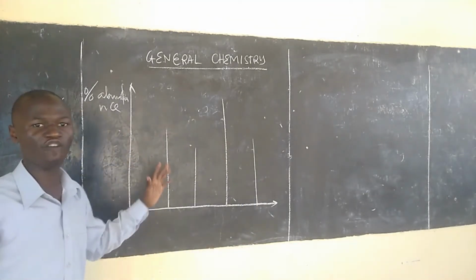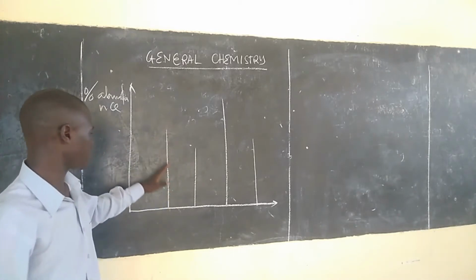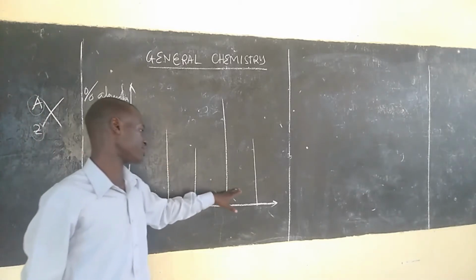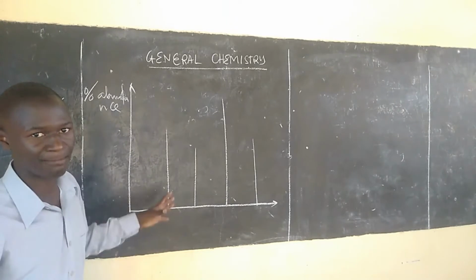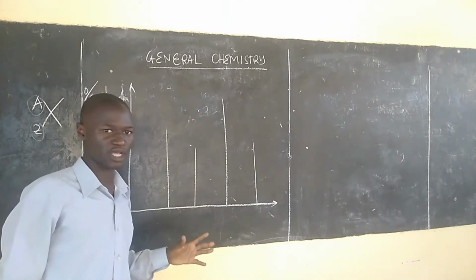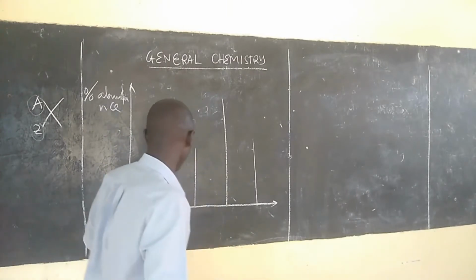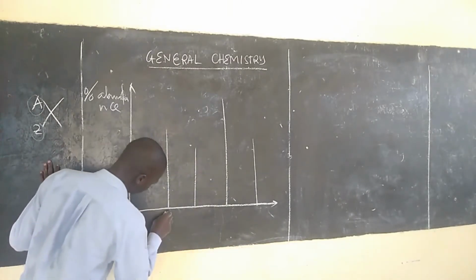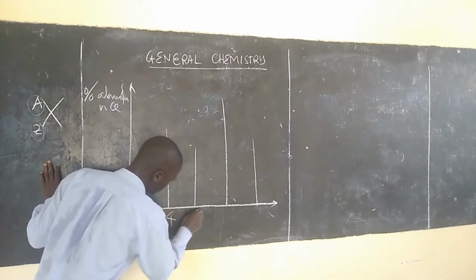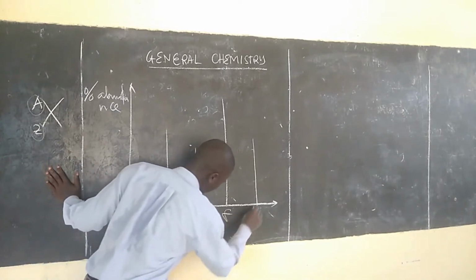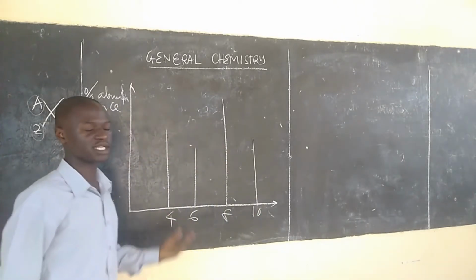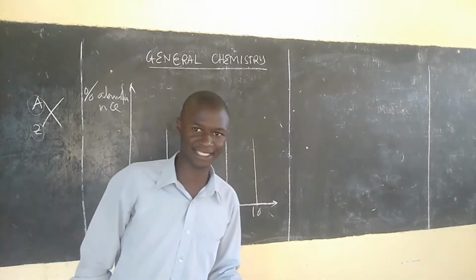The number of peaks, peak number 1, peak number 2, peak number 3, peak number 4, determines how many isotopes an element consists of. So this peak may have the mass of, let's say 4, 6, 8, 10. These are just hypothetical masses.